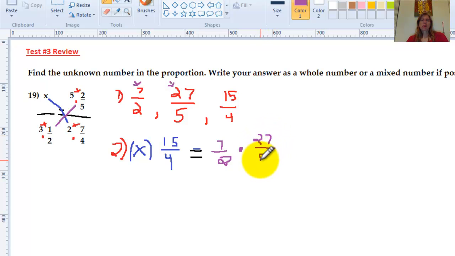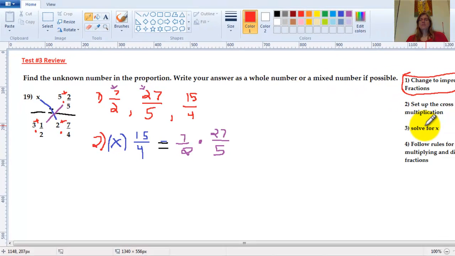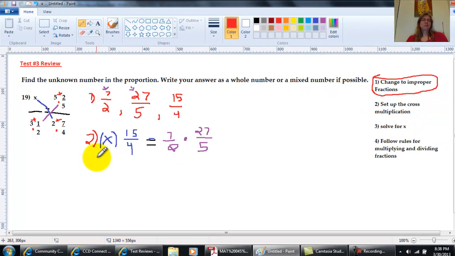Alright. Well, this is pretty cumbersome still, but let's finish up. We're going to solve for the x. So let's take the equation now, and we'll divide both sides by 15/4. And you've watched me do this in other videos.